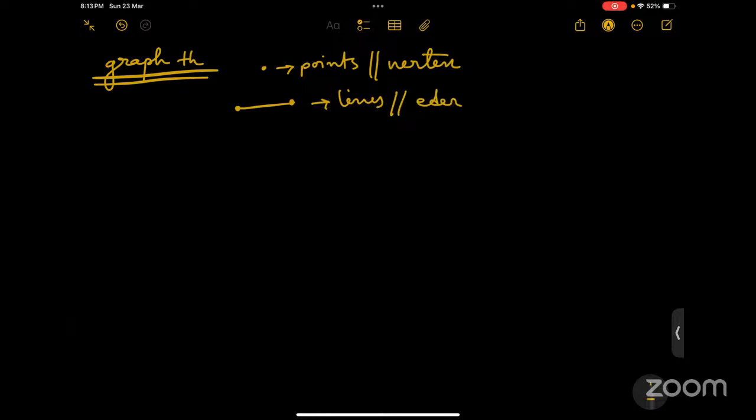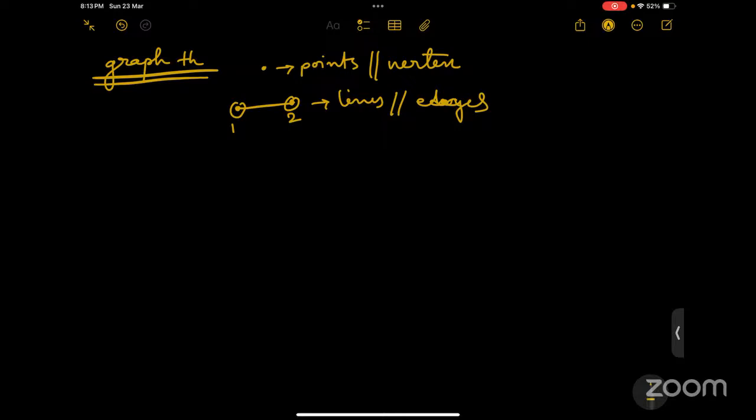So basically, what is the edge? If you have two vertices and just connect them, then you will get the edge, which is the edge connecting vertex 1 and vertex 2. So these vertices and edges are the main elements of our graph theory.